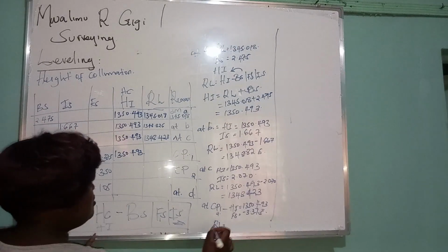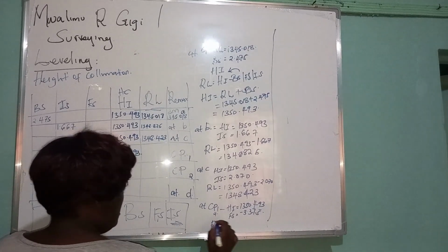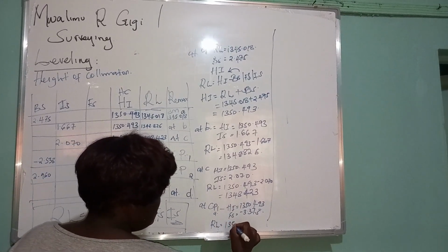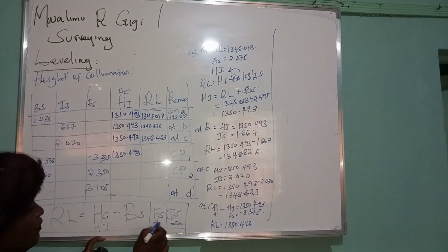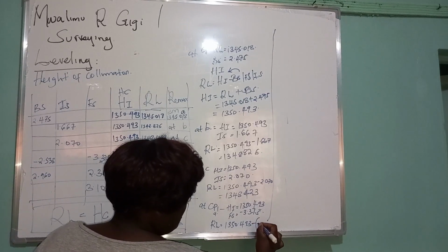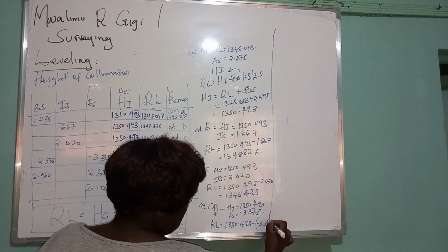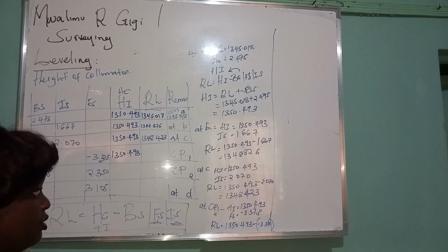So what is the reduced level at CP 1? The reduced level is the height of instrument, 1350.493, minus the foresight. So it is 1350.493 minus, in brackets, negative 3.375.